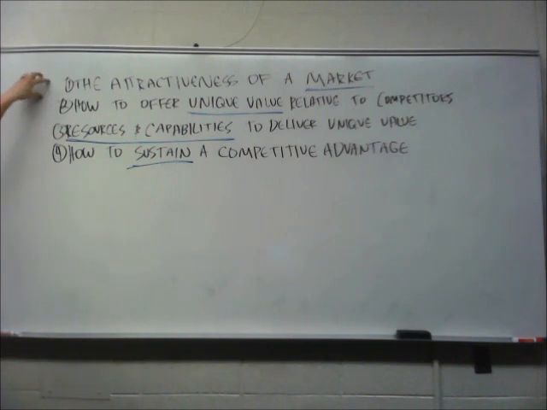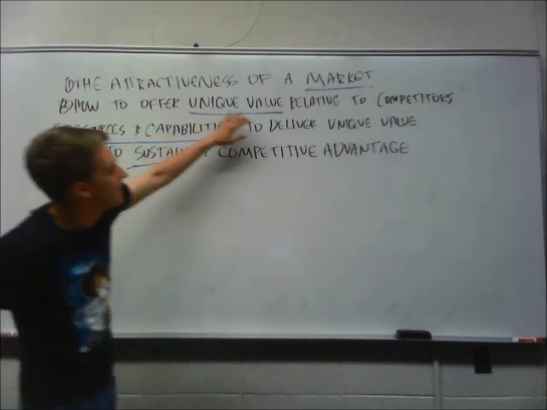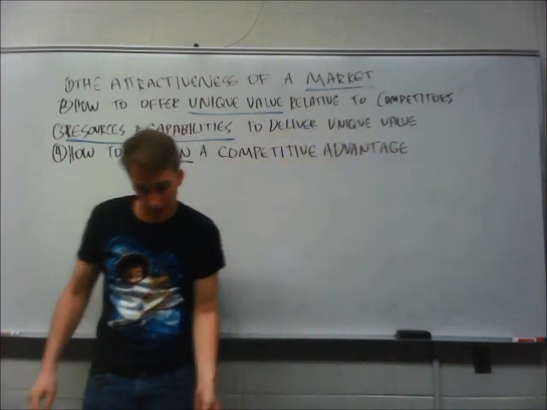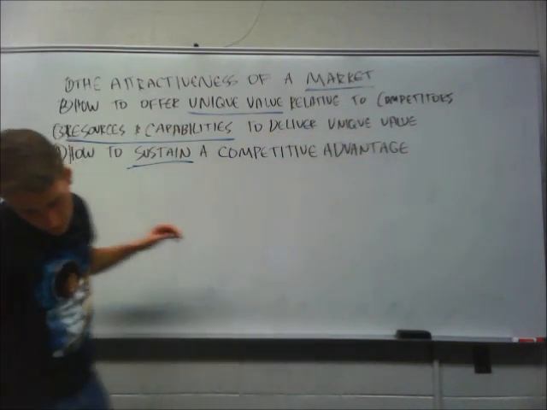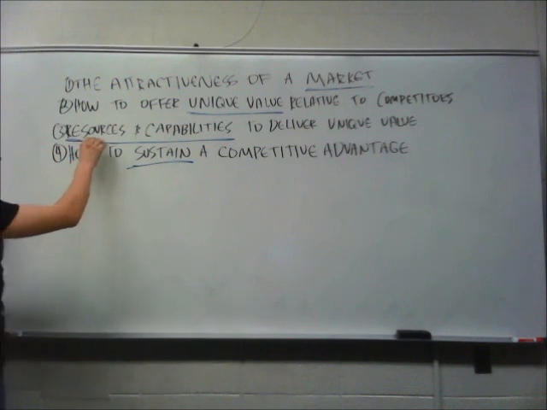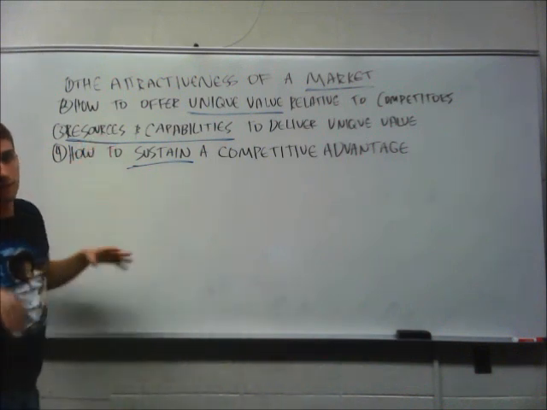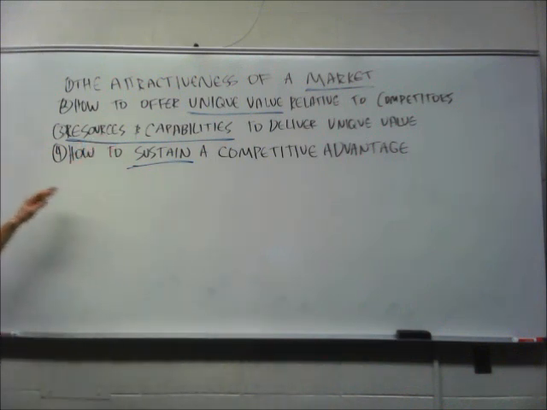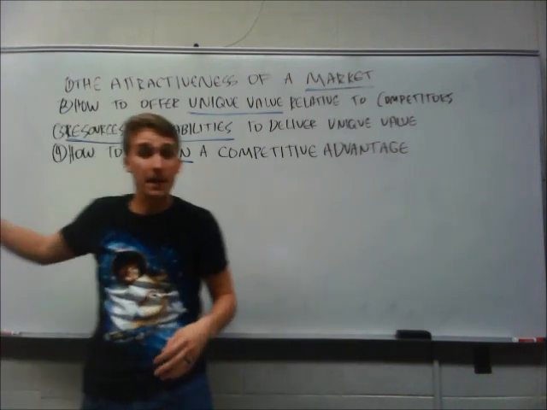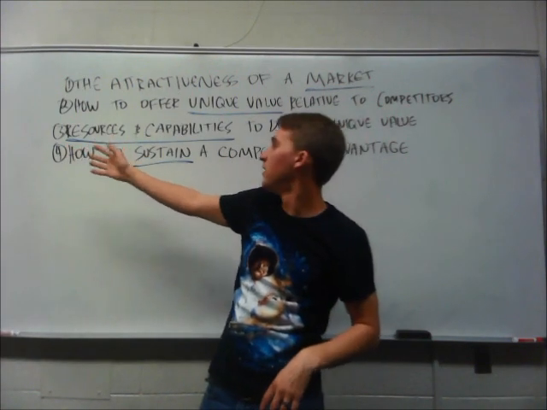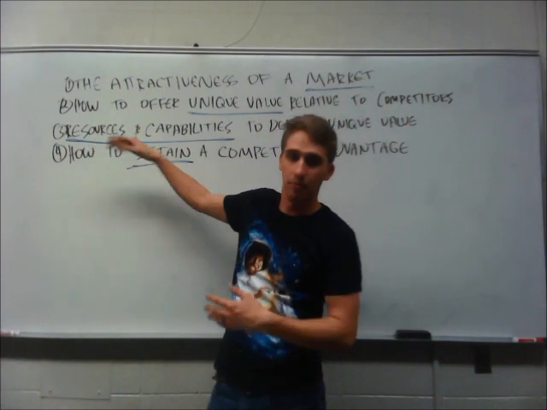So once you figure out what market, you know what you want to offer, now you need to figure out what resources and capabilities you are going to use to offer that. Resources would be things like factories, plants, not plants like that, but places you manufacture things in. People are a resource, like your employees.